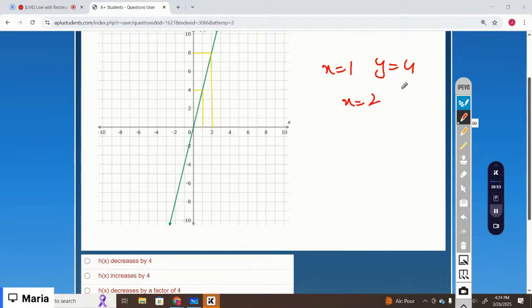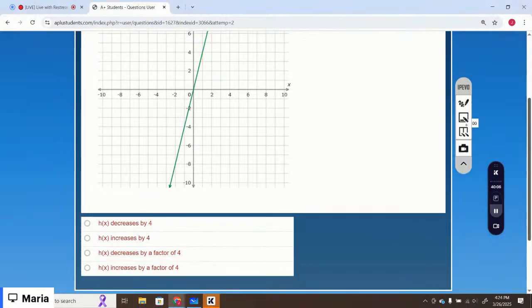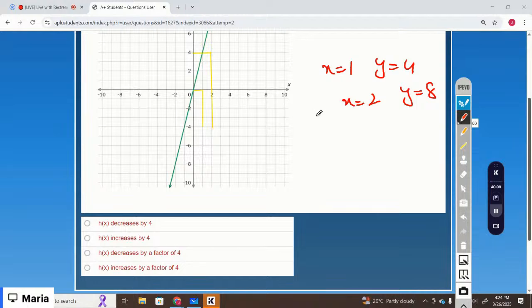When x equals 2, y equals 8. That is increasing by 4. Option number 3 is the correct option. h of x increases by 4.